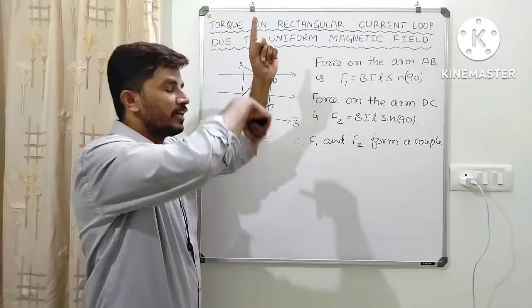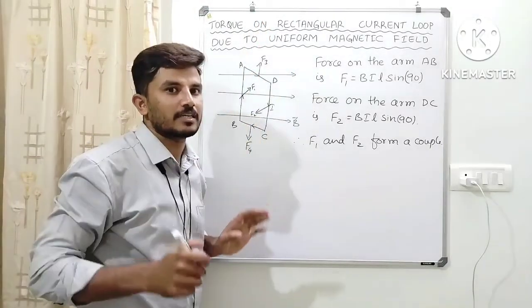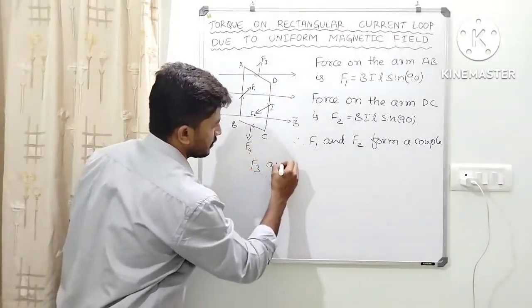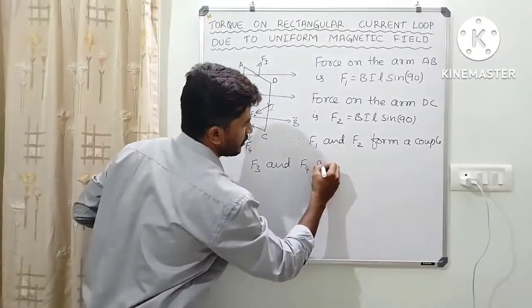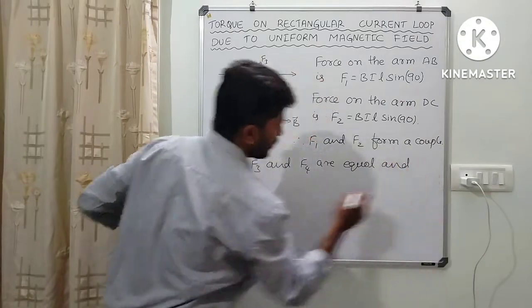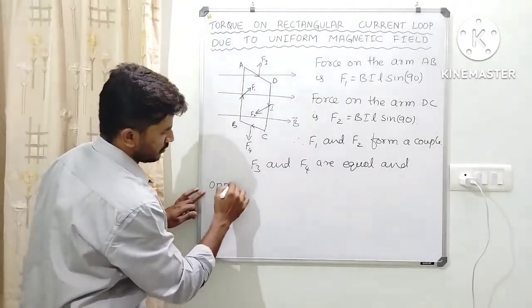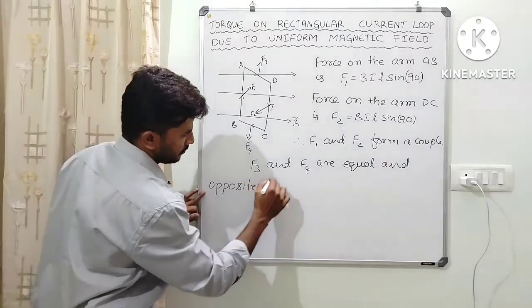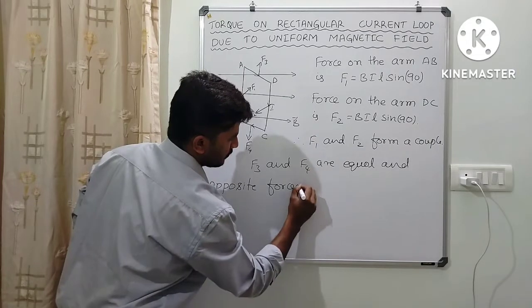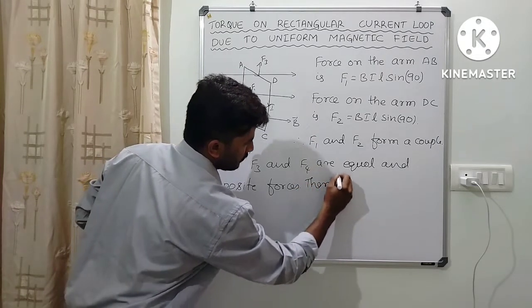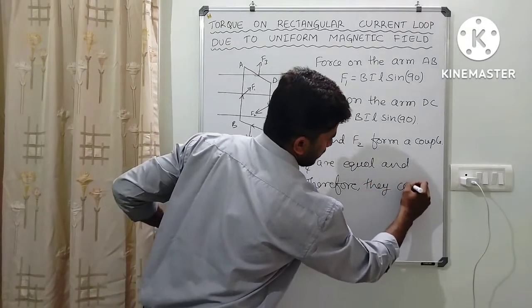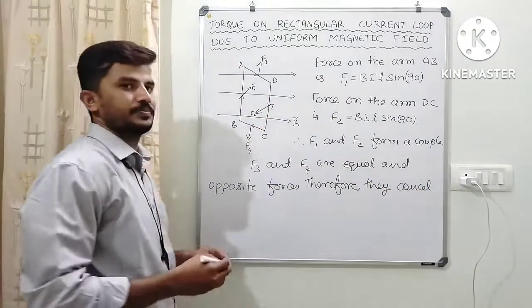So here F3 and F4 are equal and opposite forces, therefore they cancel each other.